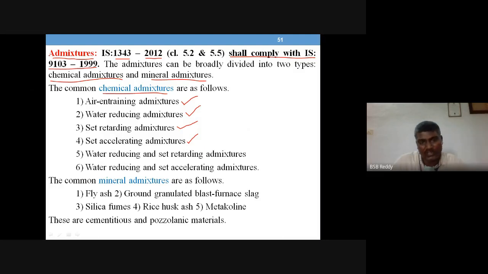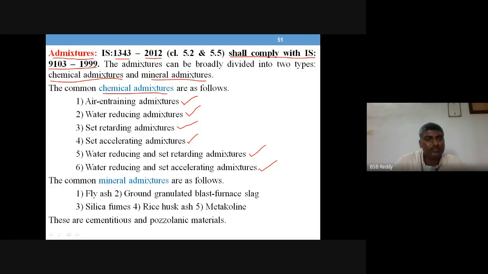That way we can understand. Likewise water reducing, and quick setting, something like that.